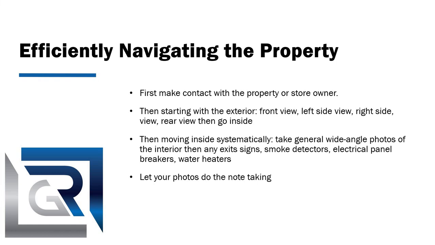So what I generally do when I'm on inspections, because I do inspections still, is I do it pretty much the same way all the time, because then it becomes rote. It becomes muscle memory.